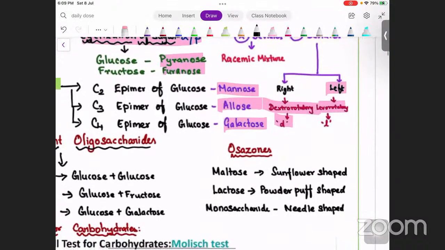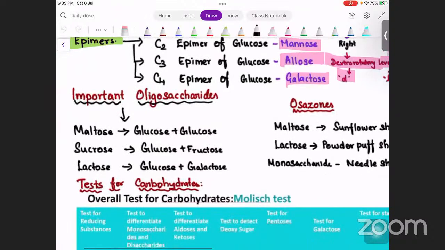The third carbon OH group on glucose is on the left side, but on allose it is on the right side. That's why we call that an epimer. So the C3 epimer of glucose is your allose. So this is how it will be.